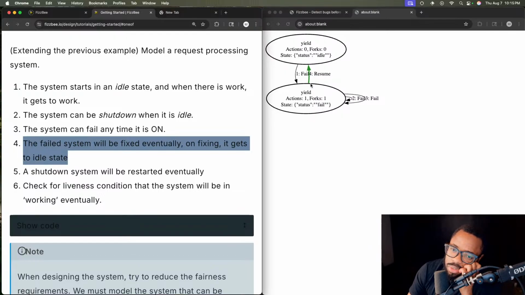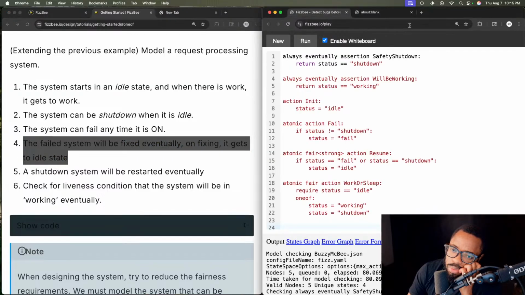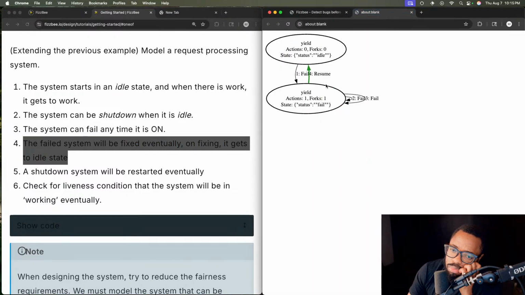Oh no, because I guess, what is the fairness of resume strong? I mean, I guess this can just keep happening in a loop, right?